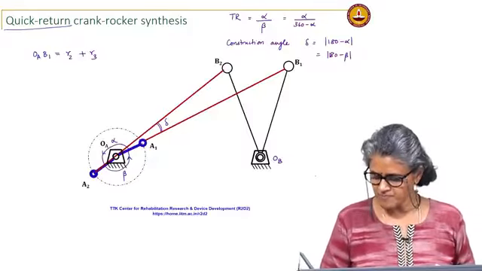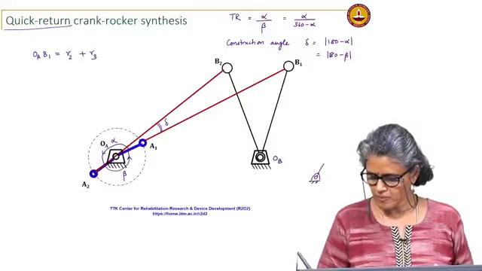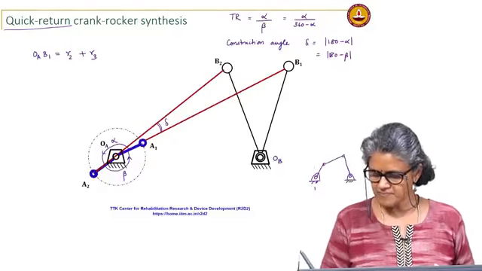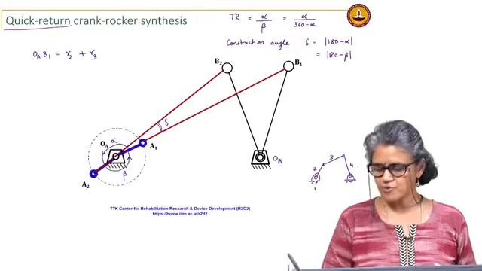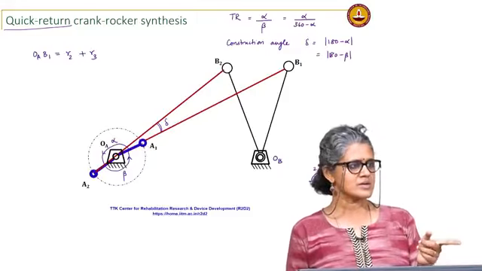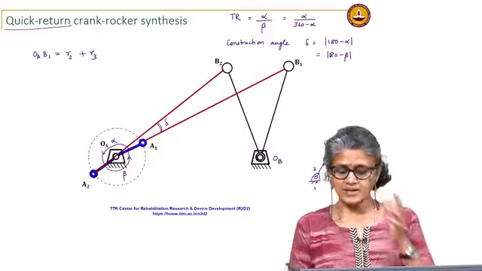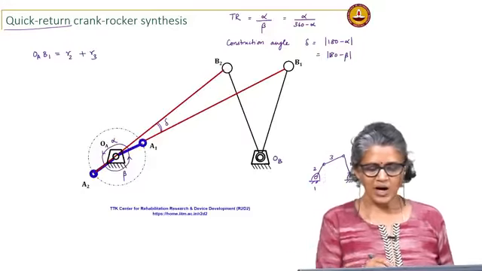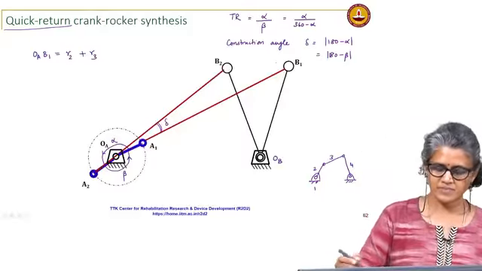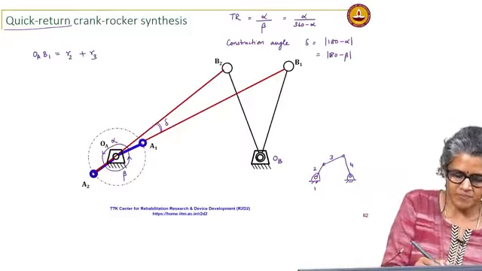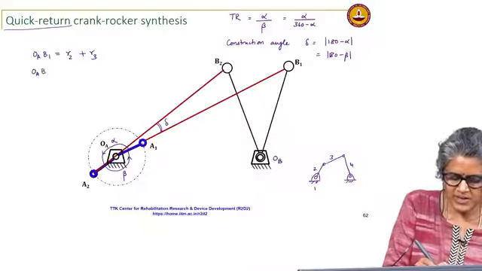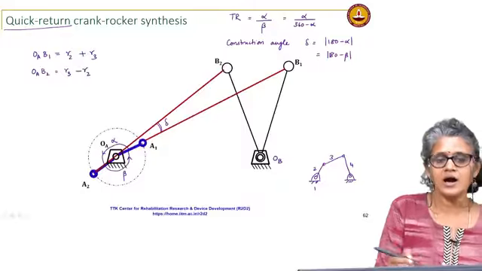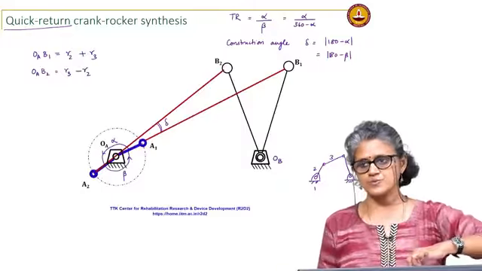If I look at my 4 bar, or my crank rocker, and I designate this as 1, 2, 3, 4, 2 is generally my input link, here in this case a crank, 4 is my output link and 3 is the coupler. So, R2 plus R3 is OA B1 and OA B2 equals R3 minus R2.